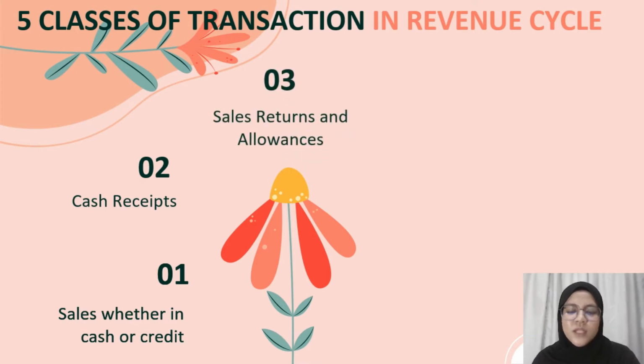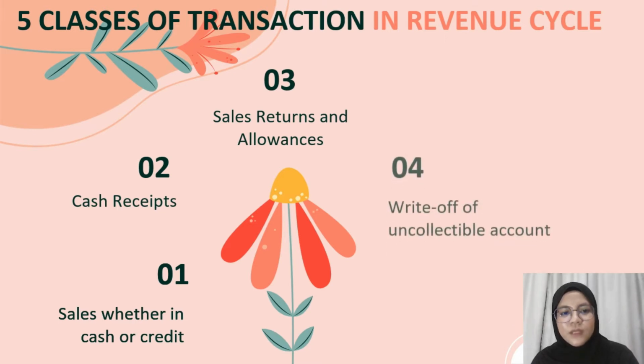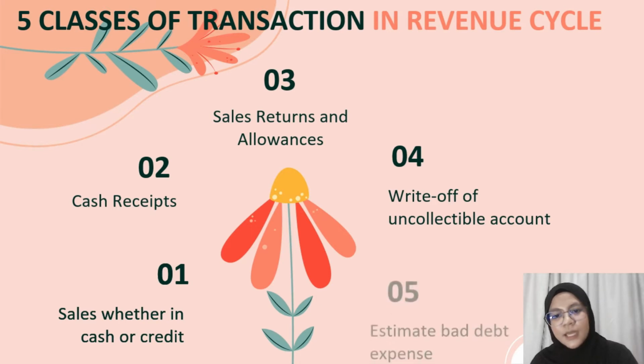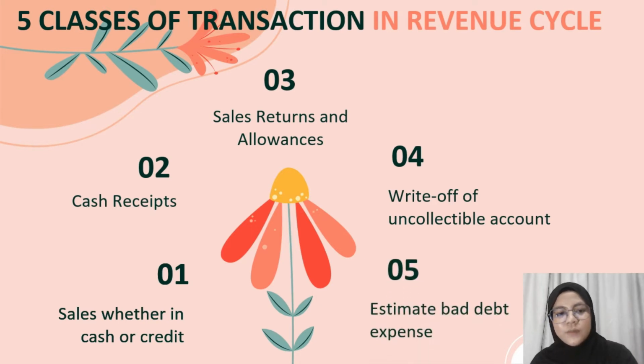Sometimes, when the product or service does not satisfy the customer, they could make returns, and the company will give some allowances to the unhappy customers. The management might write off accounts for customers that do not pay for their purchases, and at the end of the period, the management has to account for bad debt expense.